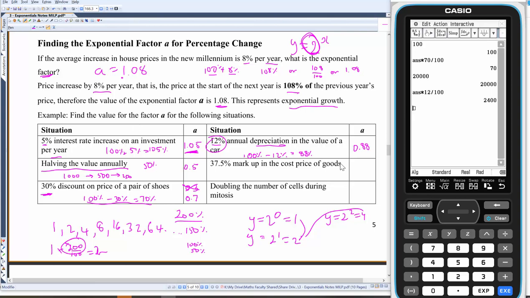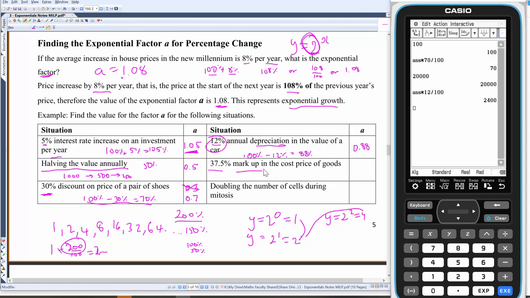Okay, so this one here, 37.5% markup in the cost price of goods. Again, to be topical at the moment, I've seen pictures of toilet paper being sold for extortionate rates in country places and, more controversially, in Indigenous communities. Some horrible price gouging, it's actually called, that's a technical term for it.